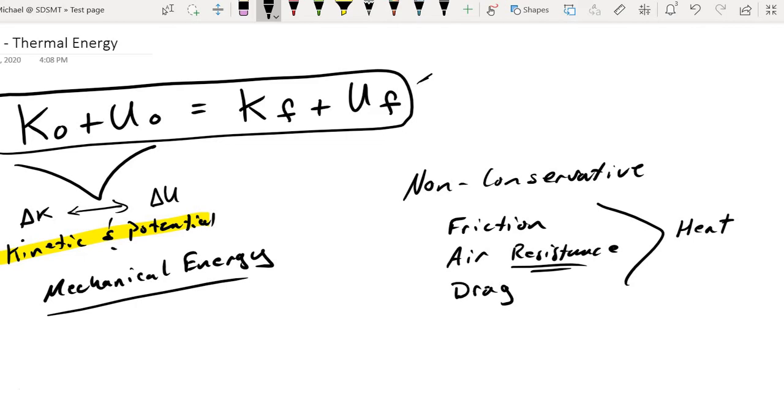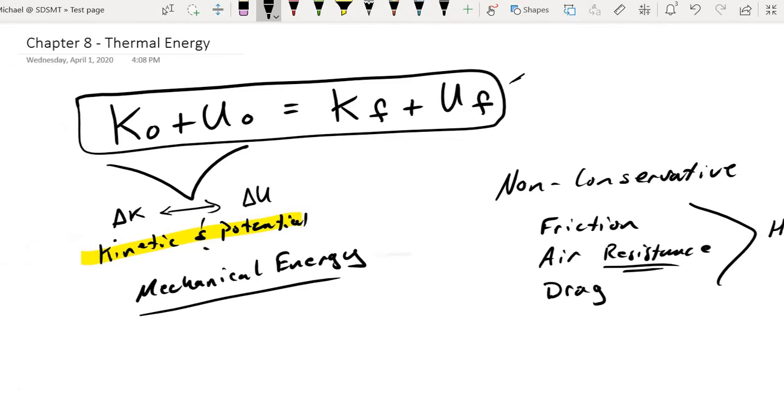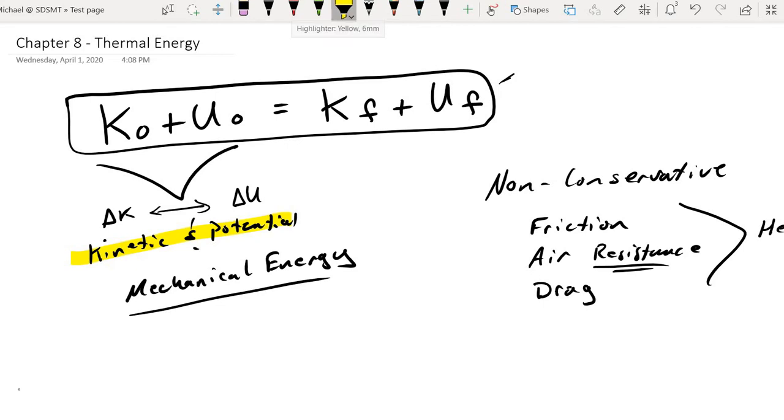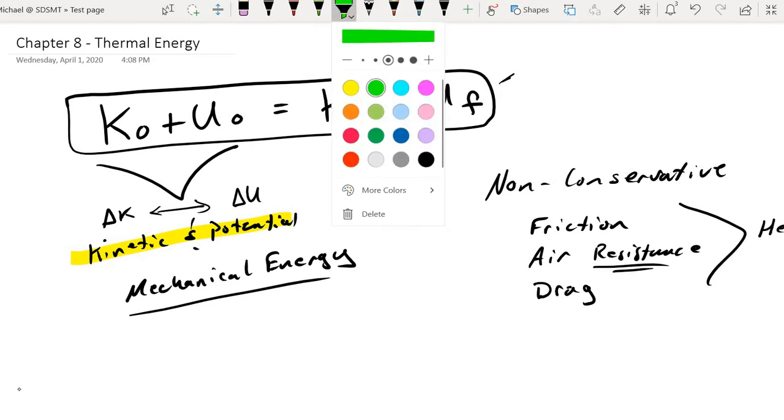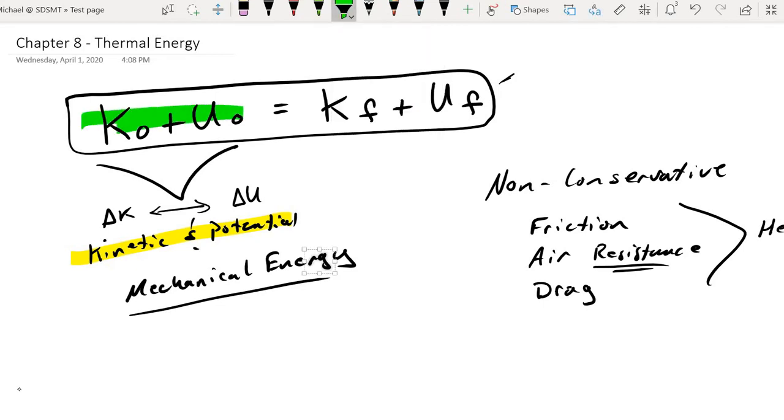And that thermal energy, well, conservation of energy says we can't create or destroy, the energy already has to be present. And the energy that we start with in our system, that's going to be a combination of the initial kinetic and the initial potential.